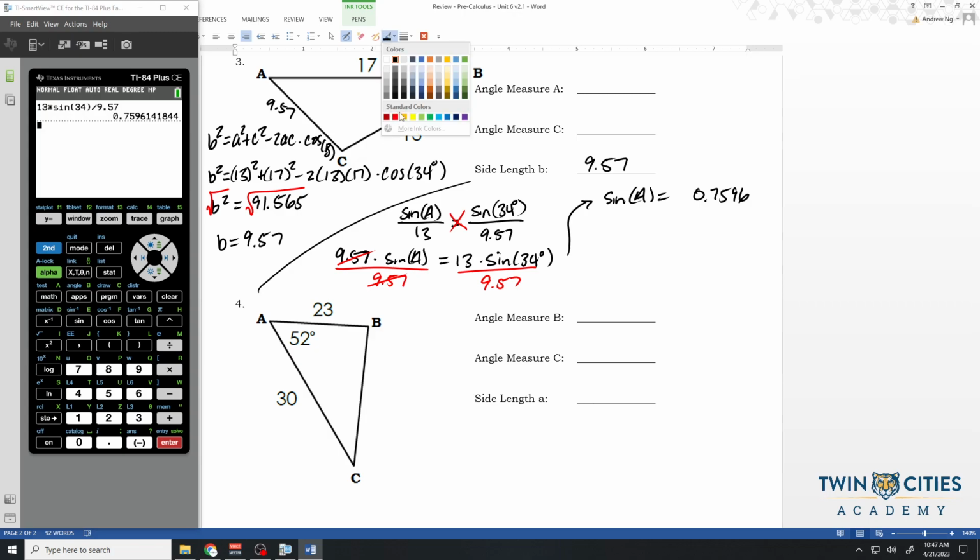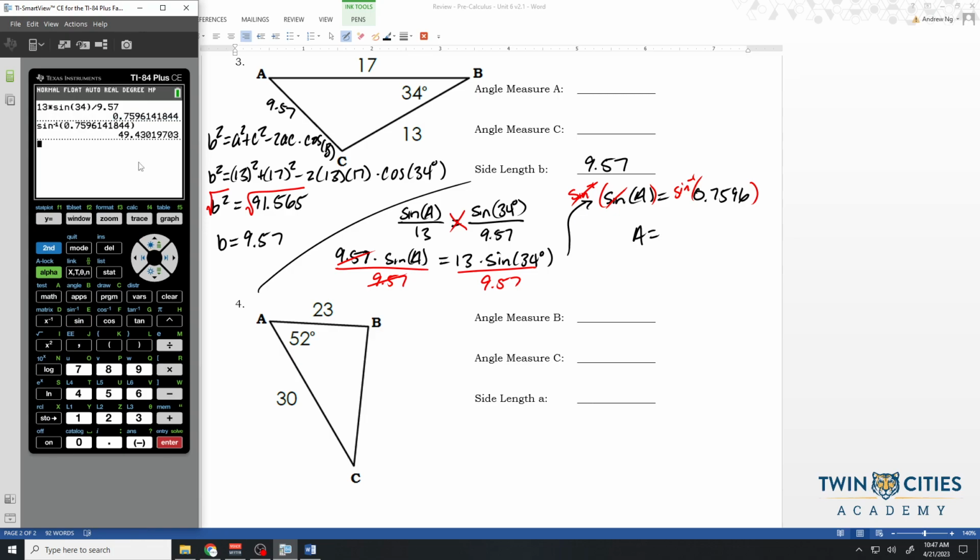And then we'll do the sine inverse of both sides, since A is trapped inside of this sine. All right, so A is equal to sine inverse of this, which is 49.43 degrees.